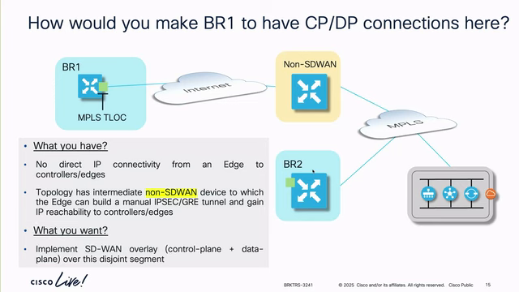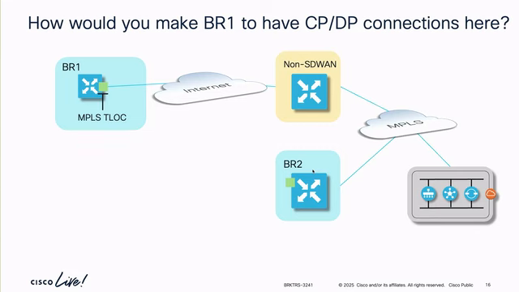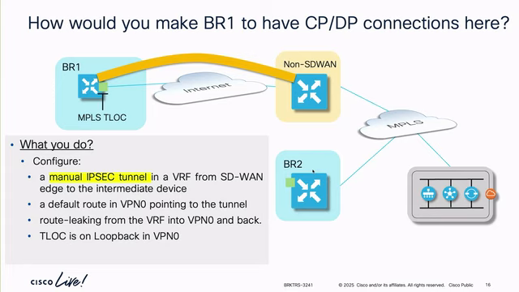The customer thinks, okay, I know IPsec or GRE really well from the days before SD-WAN. Maybe I can build a manual tunnel from my device to a remote device which is connected to the MPLS network, and so interconnect those disjoint segments to allow that device to connect to both control plane and data plane.